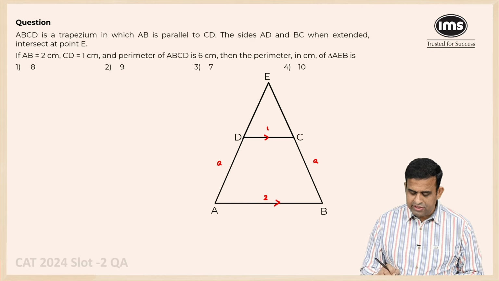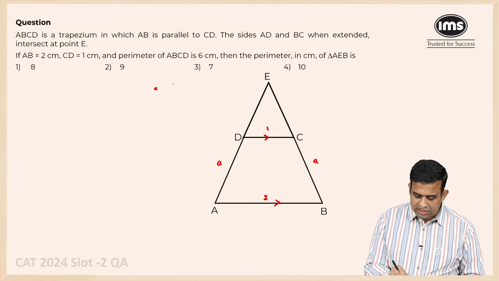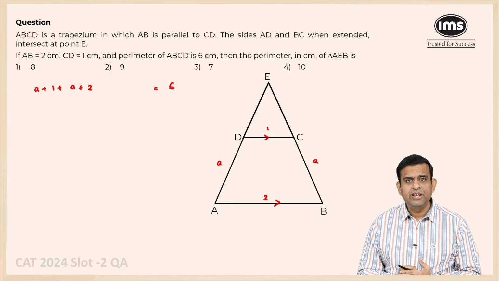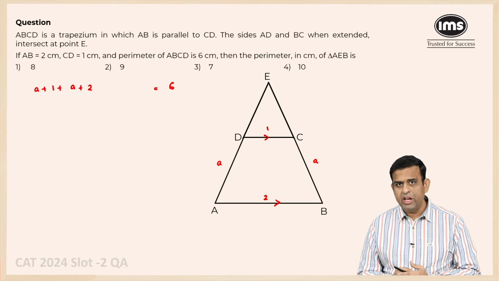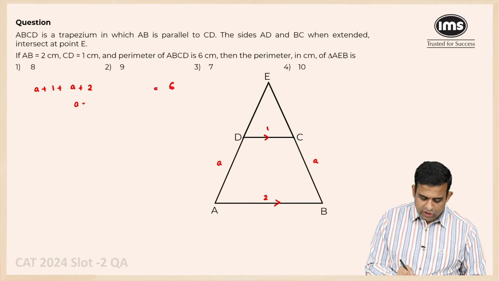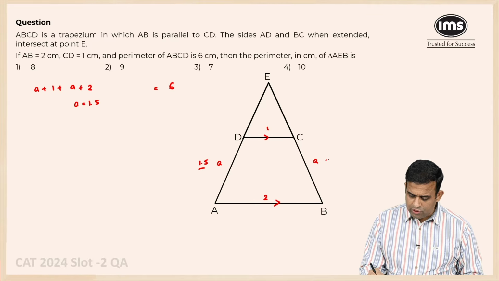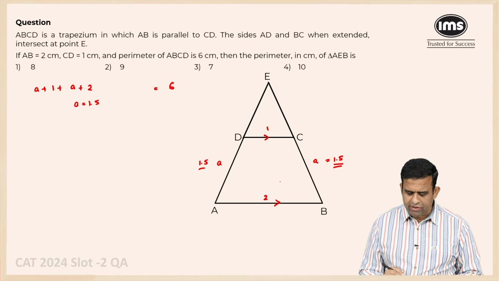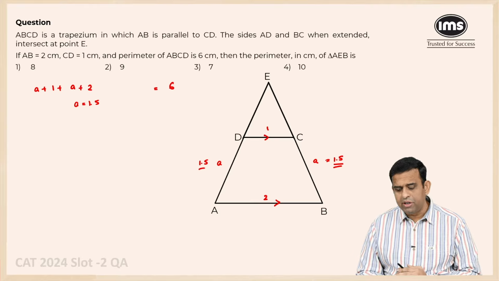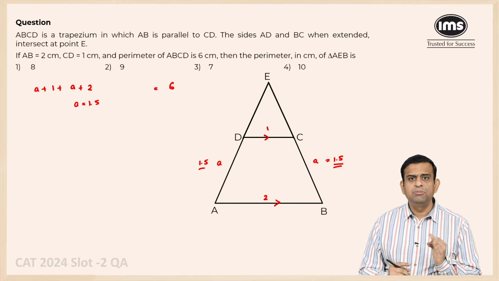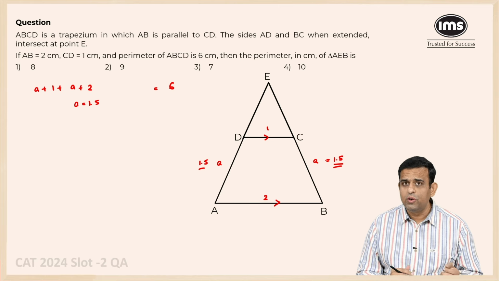In that case, the perimeter, which is equal to 6 centimeters, must be equal to a plus 1 plus a plus 2, giving you 2a plus 3 as 6. So one can say 2a equals 3, or a equals 1.5. So I can take this as 1.5, this also as 1.5. The next thing which is important here is to find out the lengths of DE and EC. So one can possibly think about some known theorem, the well-known theorem.